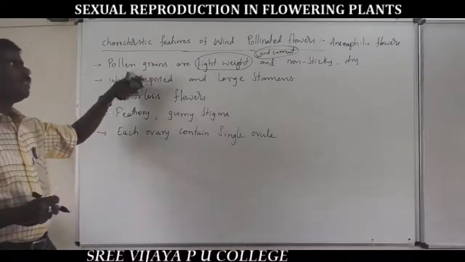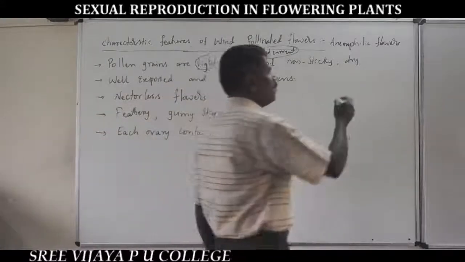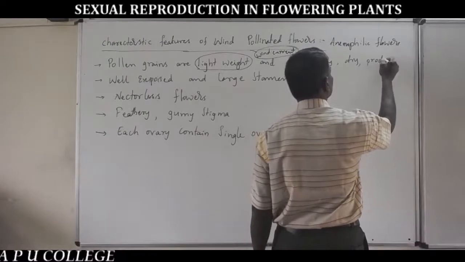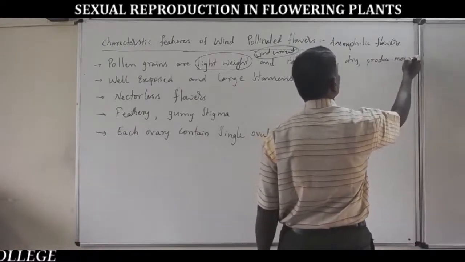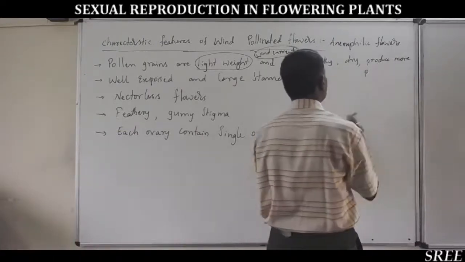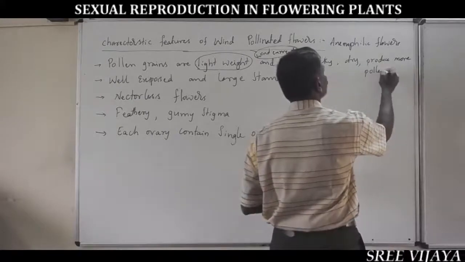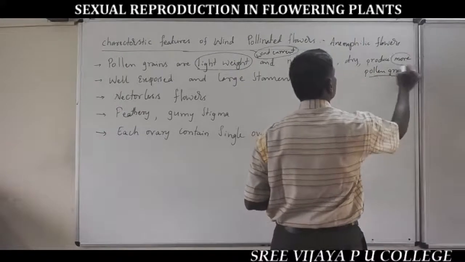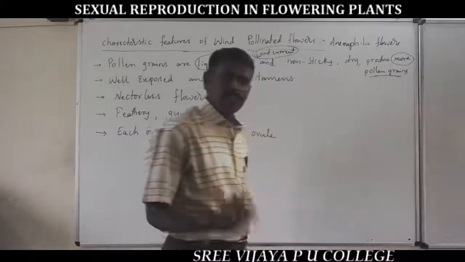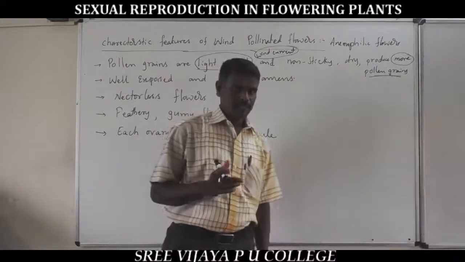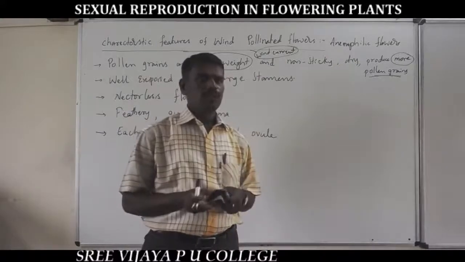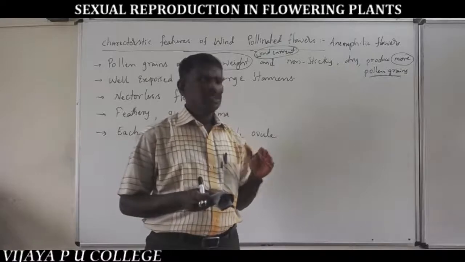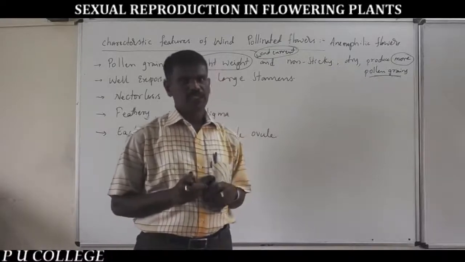As these are dry pollen grains, they produce more pollen grains. Because when the wind carries the pollen grains, most of the pollen may be wasted. They may not necessarily reach the stigmatic surface.